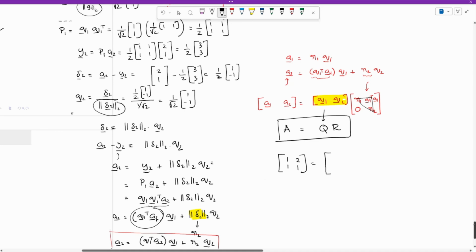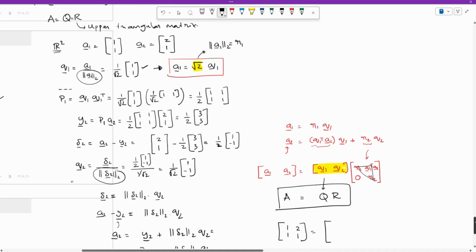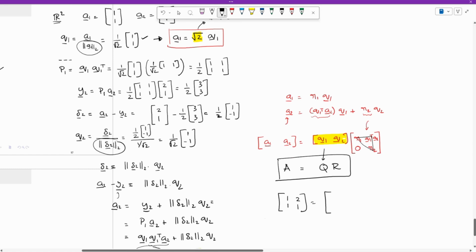Q we've already identified. It looks like there is a 1 by root 2 here. What about Q2? Q1 is this. What is Q2? What is the R matrix?